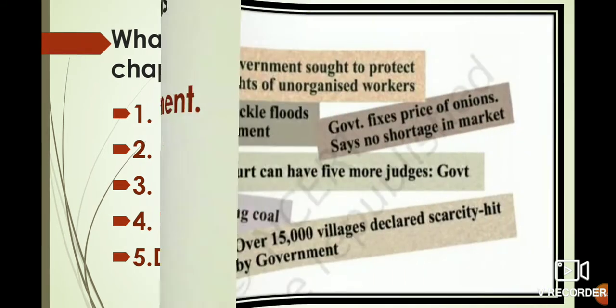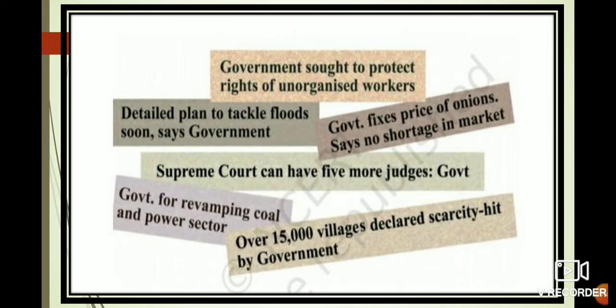Okay, so let's begin. Before that, there's a picture in your book. Government sought to protect rights of unorganized workers. Detailed plan to tackle flood. Government fixes prices of onions, so there is no shortage in the market. Supreme Court can have 5 more judges.